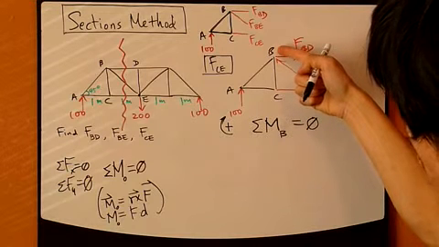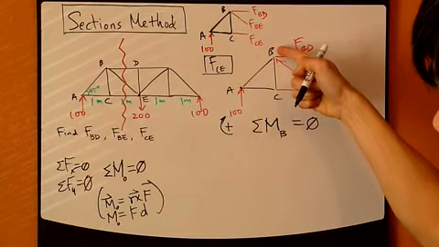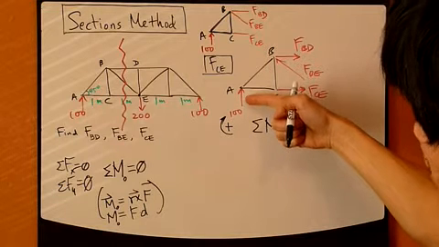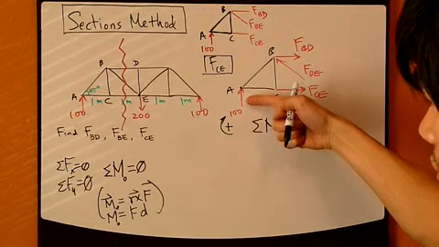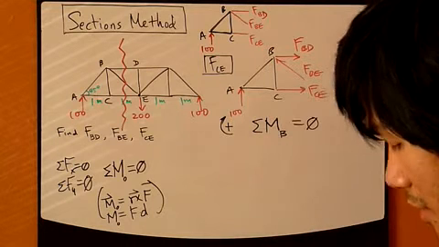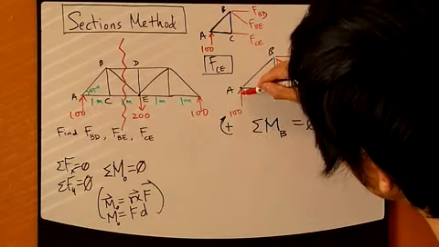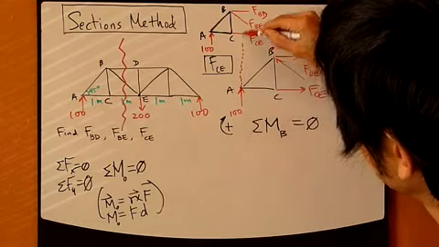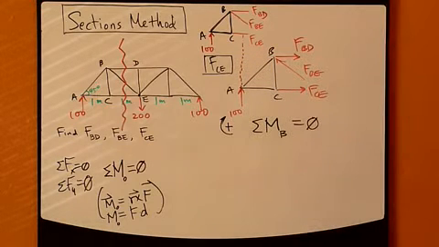About joint B, which force creates a moment? Well, this 100 Newton known force has a moment, right? Because this 100 Newton has this line of action, straight up vertically.